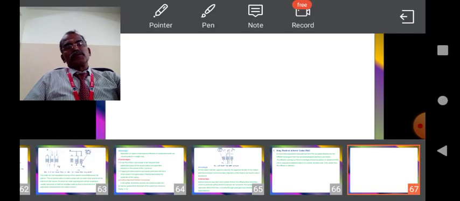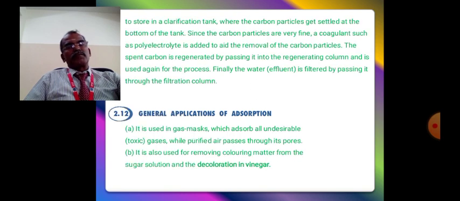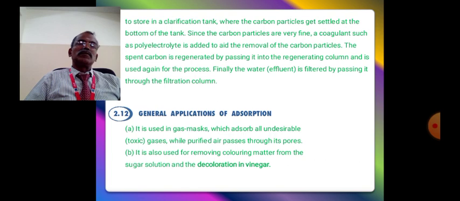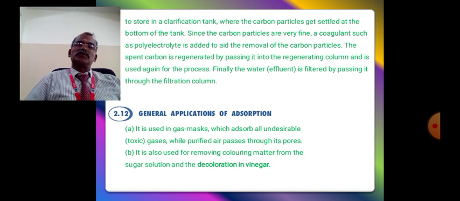Okay, so in the PAC technique, powdered activated carbon is mixed along with the polyelectrolyte and passed to a contact aeration tank first, and then it is allowed to stay there for some time, and then it is passed to the clarification tank, where the spent carbon particles are settled down and then sent for regeneration.